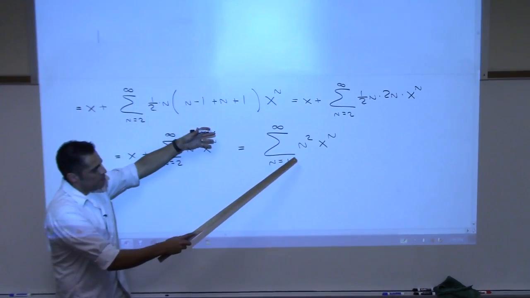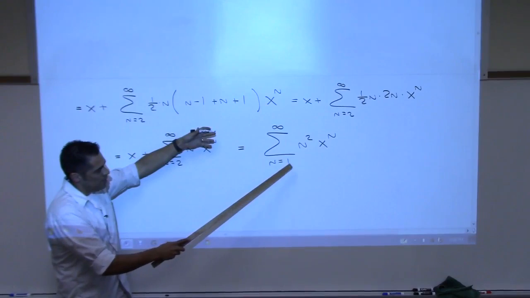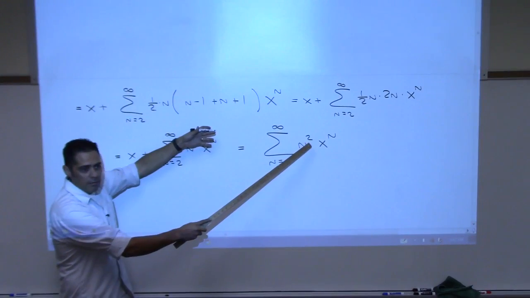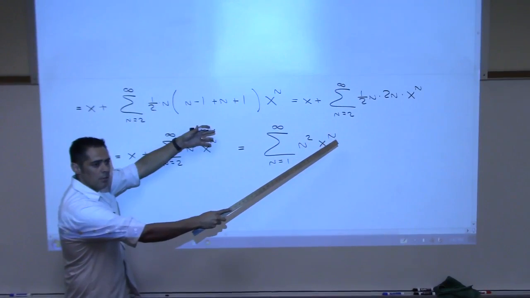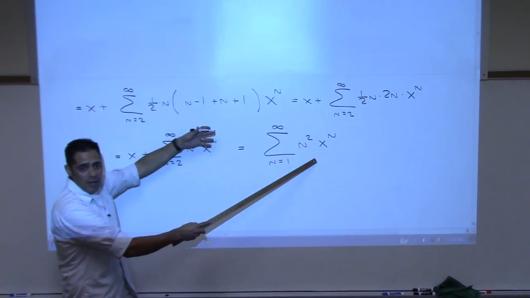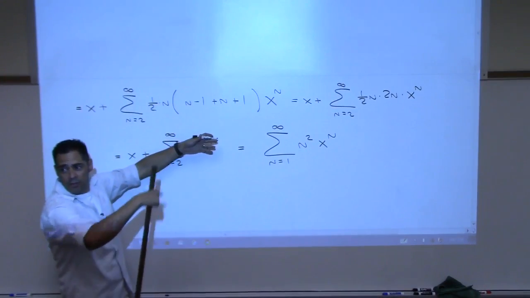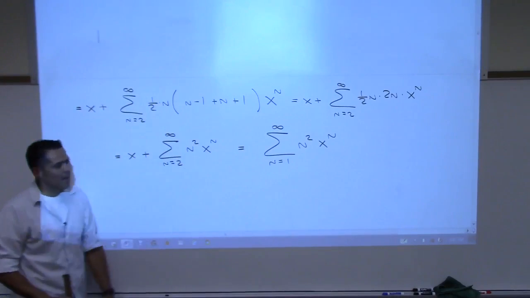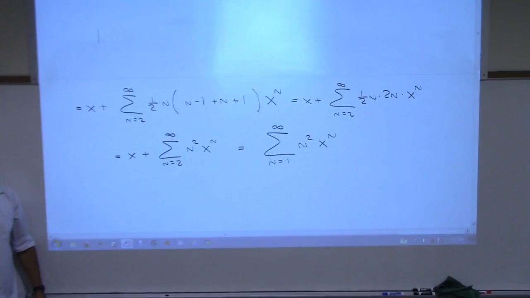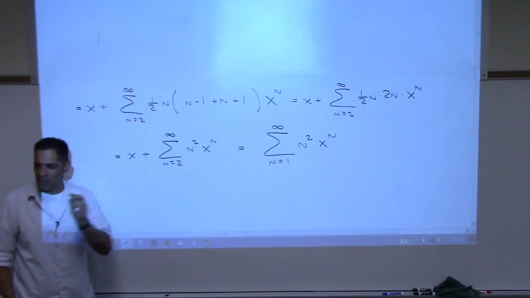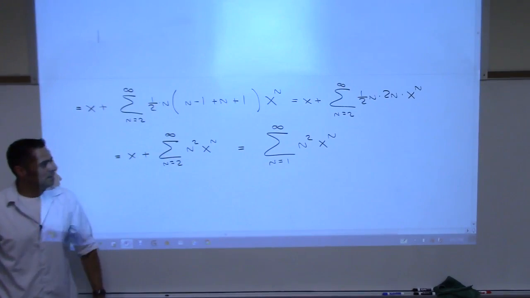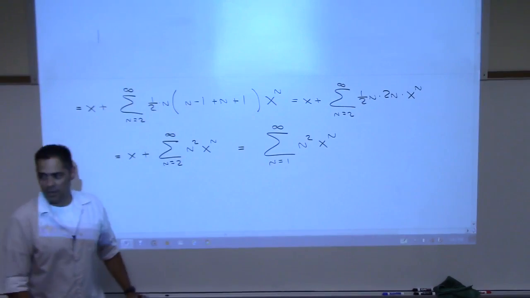Well, you plug n in first, or n equals 1 in first, and what would happen? 1 squared, 1 x to the 1, which would just be x, right? Then you could say, plug in 2, then 3, then 4. Isn't that exactly the same as this? It just absorbed the x in here because the formula was perfect. Doesn't always happen that way, but it does here.